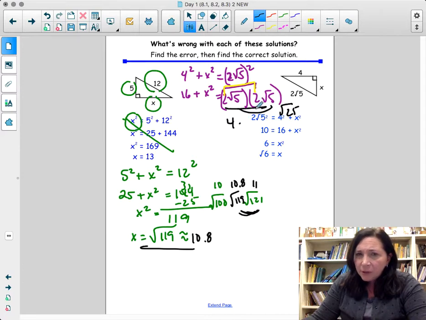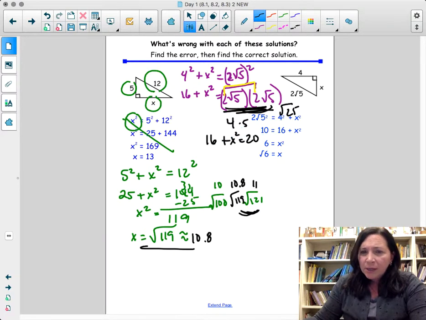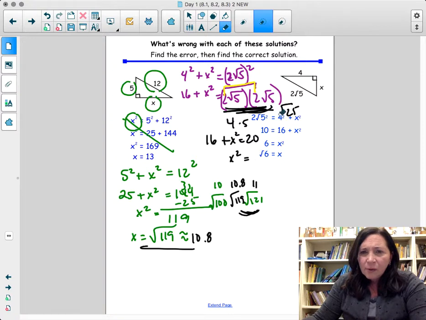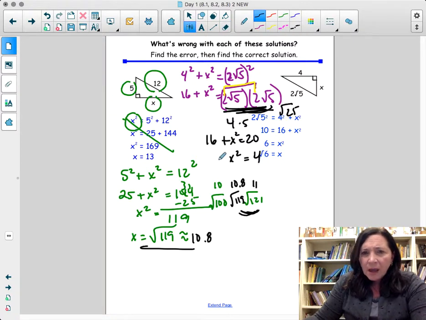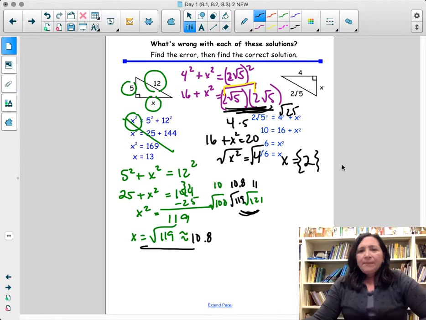So this little part here is actually 4 times 5, which is 20. So you have 16 plus x squared is equal to 20. Subtract 16. I get x squared equals 16. No, that's not right. I get x squared is equal to 4. Okay, I'm going to square root both sides, and then I get x is equal to 2. All right, and that's a solution. Okay, cool.